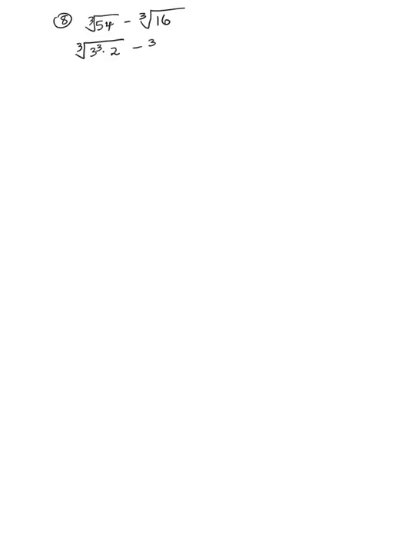And 16 is just 2 to the 4th, which we could write as 2 cubed times 2. So if we separate these, we get 3 times the cubed root of 2 minus 2 times the cubed root of 2.